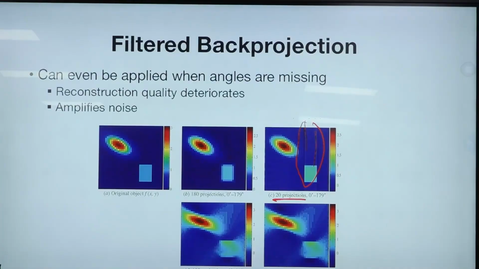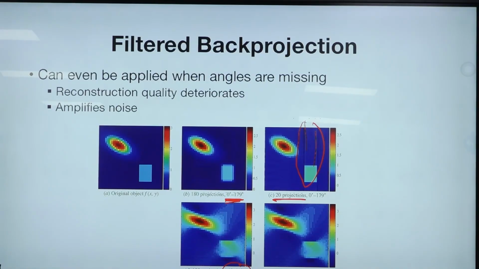So this goes from 0 to 179 degrees, but if you do only 0 to 90 degrees, then you're not covering the full range of angles. What happens is, even if you make a lot of measurements, if you are not making them at all different angles, if you leave out some angles, in this case you're only collecting half: instead of 0 to 180 you're doing 0 to 90 and removing the other half of the data.